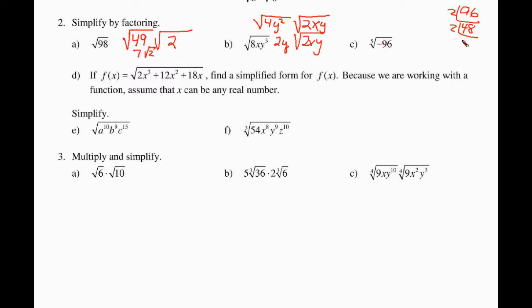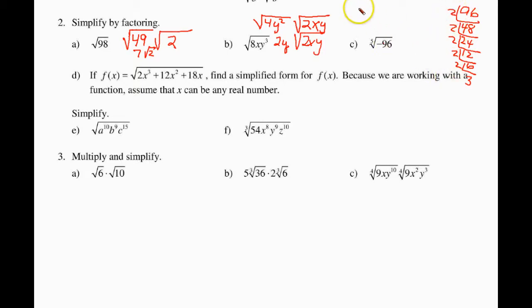Divided by 2 is 24. Divided by 2 is 12. Divided by 2 is 6. Divided by 2 is 3. So we now have 1, 2, 3, 4, 5 2's.